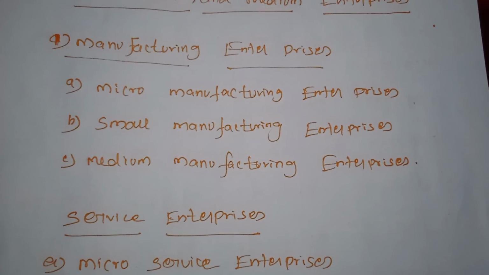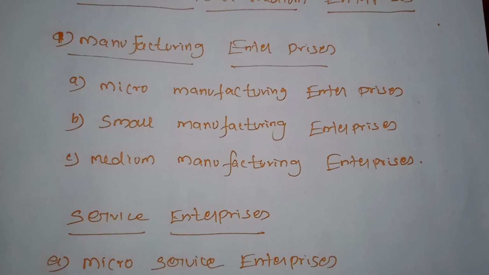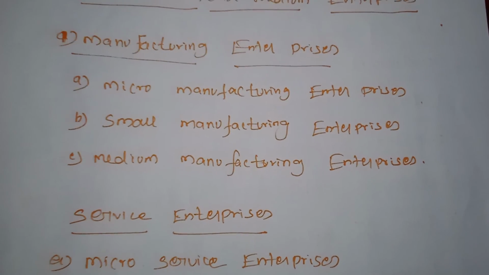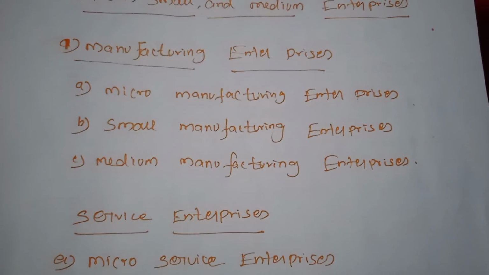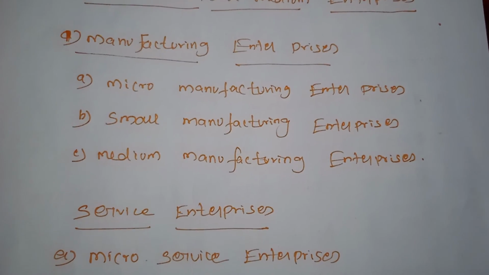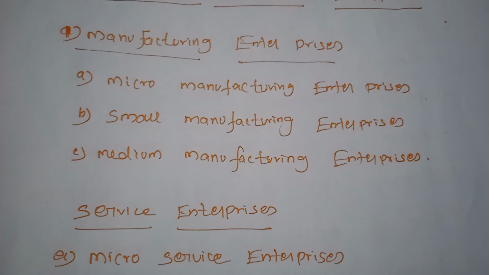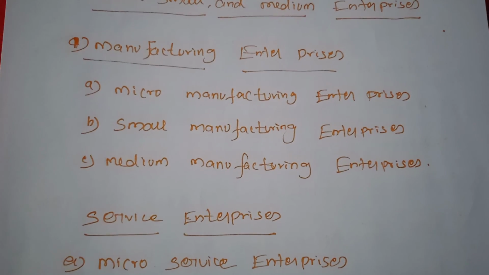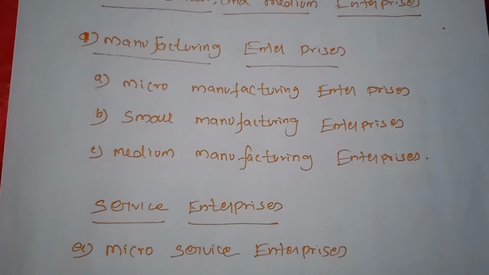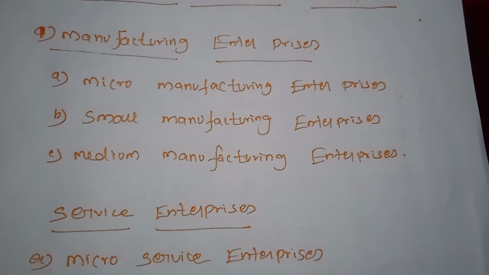For small manufacturing enterprises, the investment in plant and machinery is more than 25 lakh rupees, but does not exceed 5 crores. If any enterprise starts with more than 25 lakhs and within 5 crores, it is called a small manufacturing enterprise. Next, the medium manufacturing enterprises.